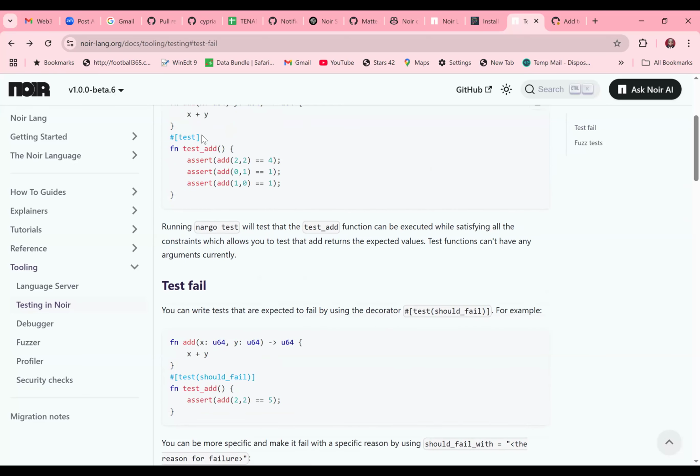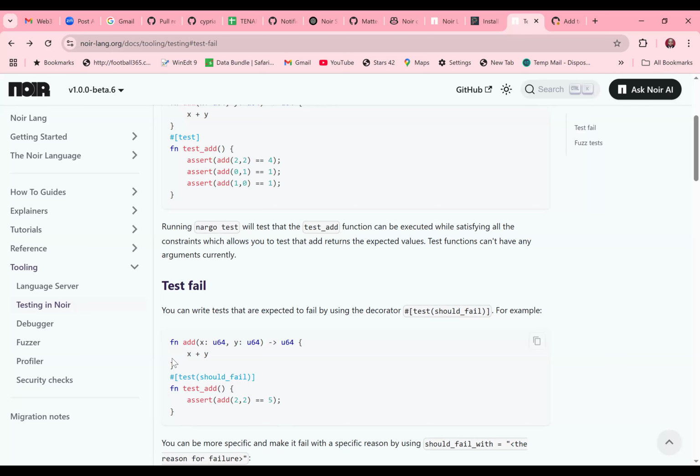A test that passes is just this hash, then square brackets inside, you write test. But for this one, inside you write test, and then in brackets you say should fail. So that indicates that the test will fail. That's how you write it in Noir.